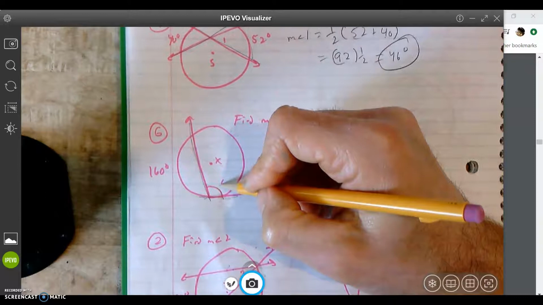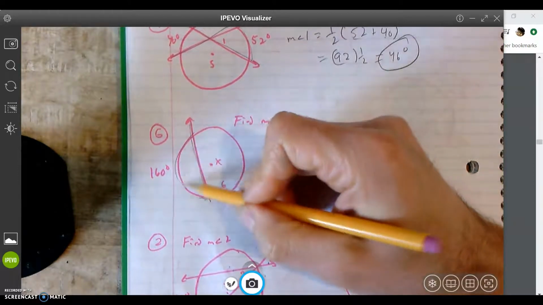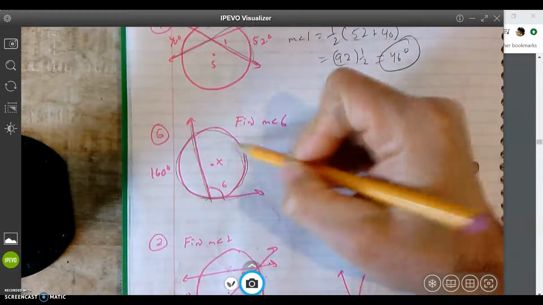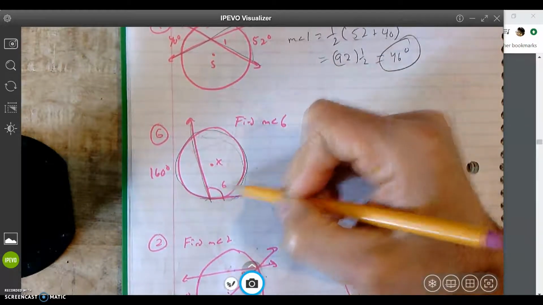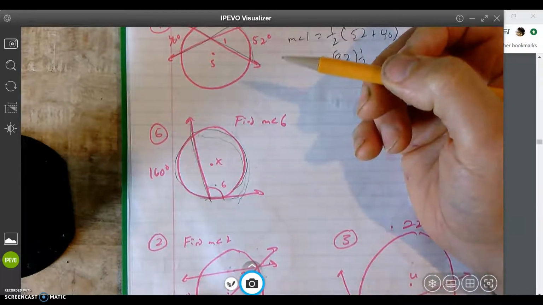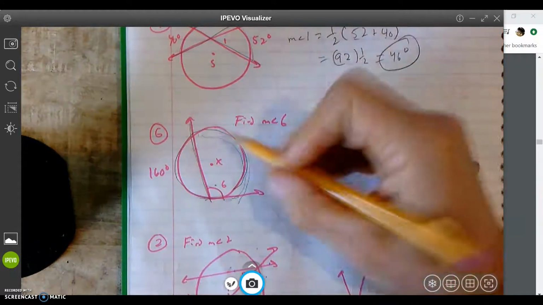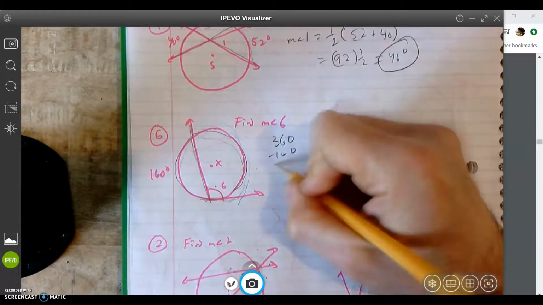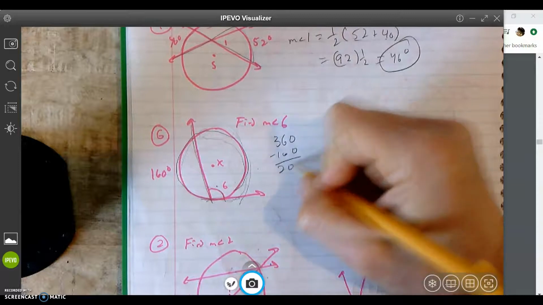I need this angle. So it gives me this is 160. So I just need this arc right here. If I got this arc, then I know half of this big arc is this angle, based upon the property we just talked about. The whole circle is 360, so I'm going to do 360 minus 160 to start, and that's going to be 200.